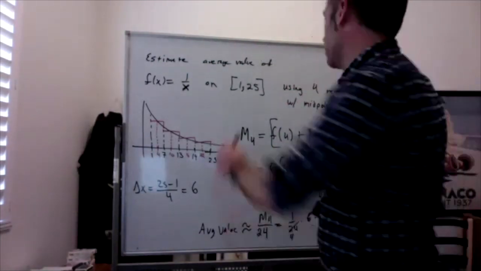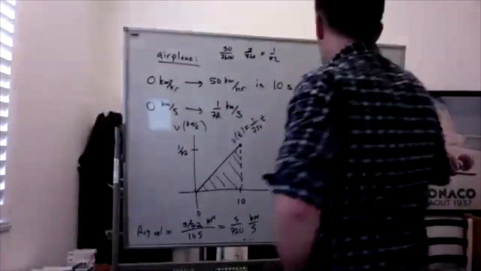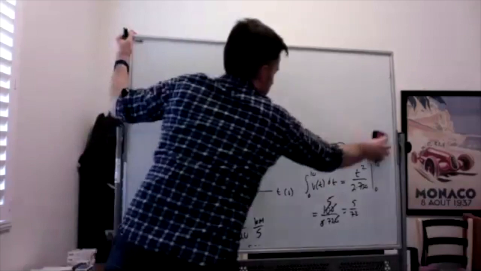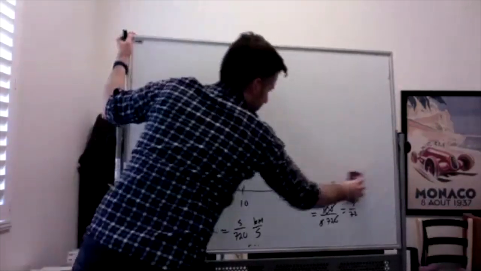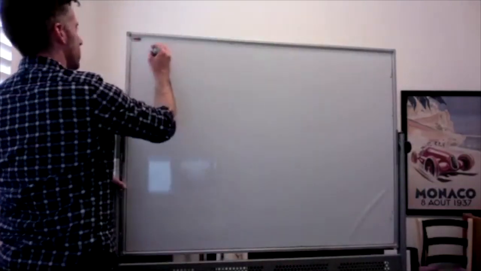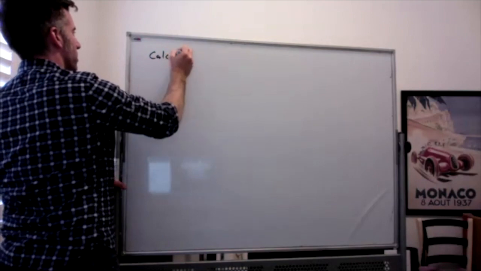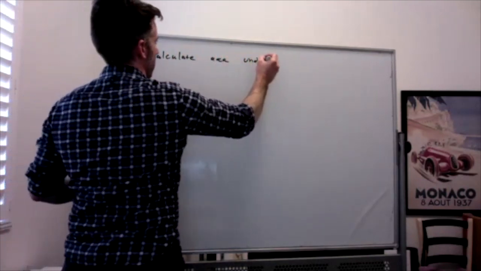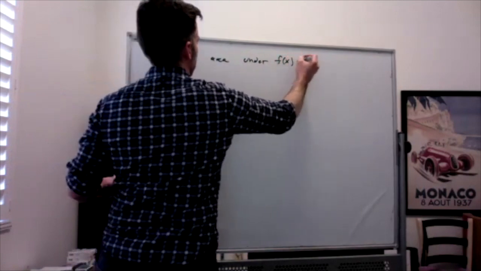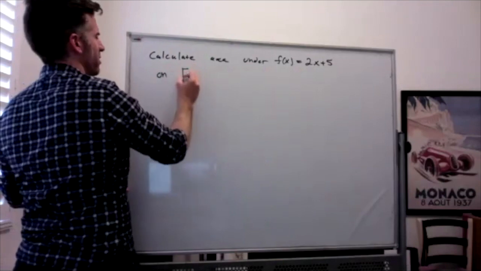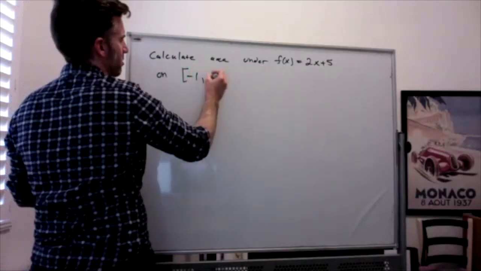So let's start off with a really easy example. Fairly easy. So we're actually going to calculate the area under the curve f of x equal to 2x plus 5 on the interval, I think from -1 to 3 is what we usually like to do.